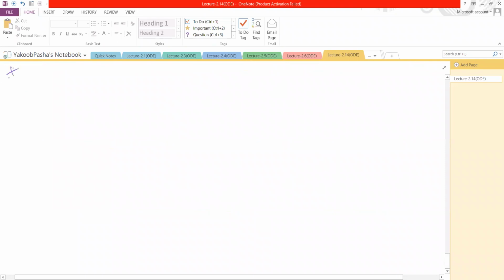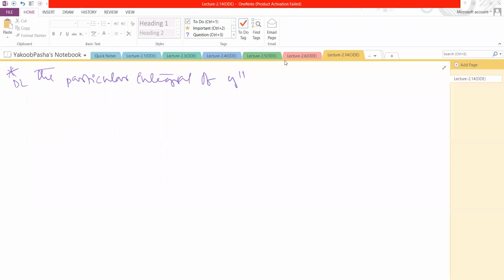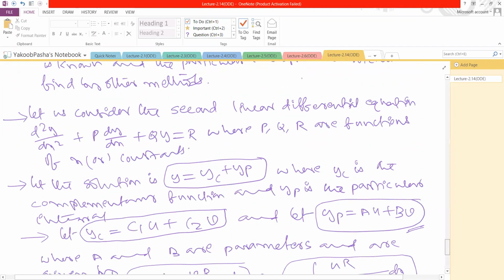The particular integral of the equation d square y by dx square plus p into dy by dx plus q into y is equal to r, where p, q, r are functions of x or sometimes constants, and r is a function of x, the right side value.